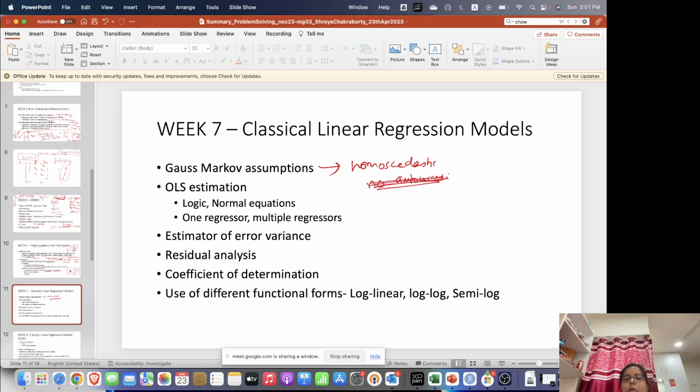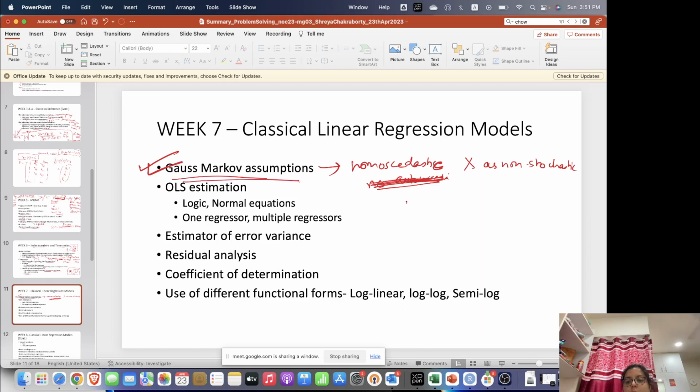Exactly, we did not talk about autocorrelation. So what was the thing? We had this homoscedasticity assumption, we would have x as non-stochastic, and so on and so forth. There were 4-5 assumptions, so you should look carefully into the Gauss-Markov assumptions.